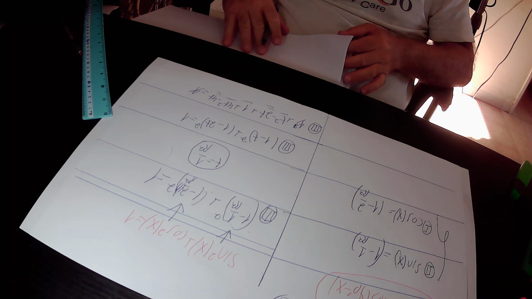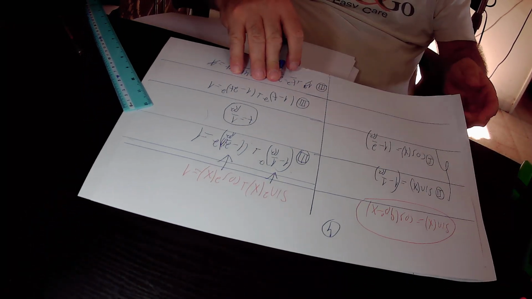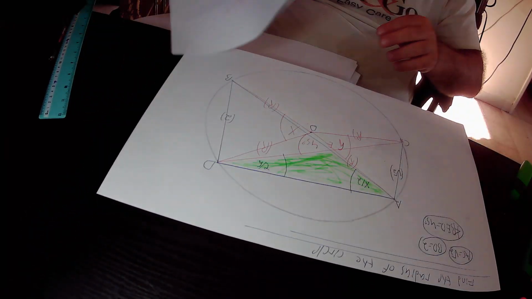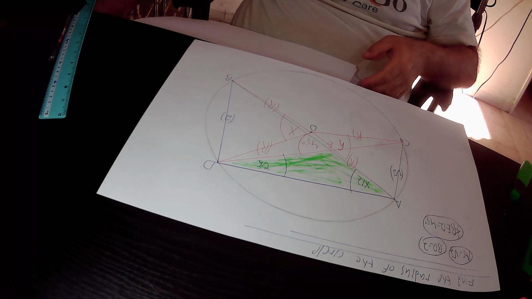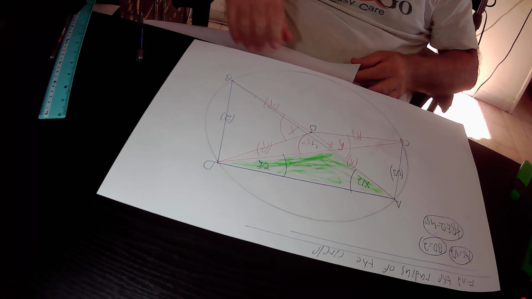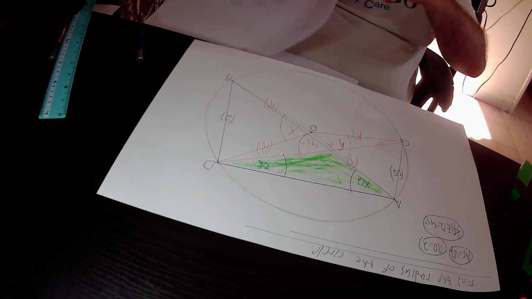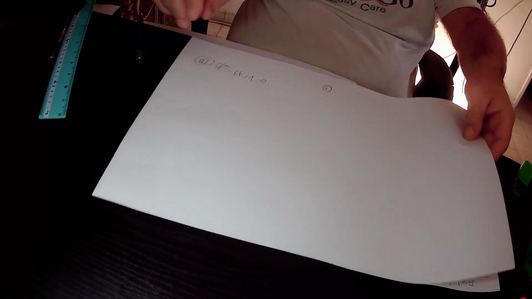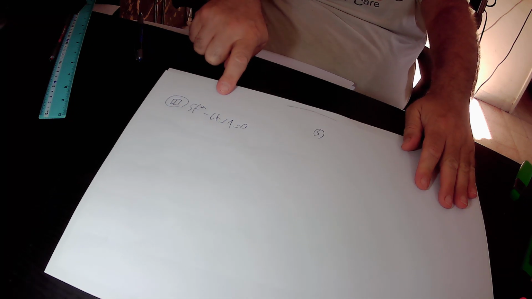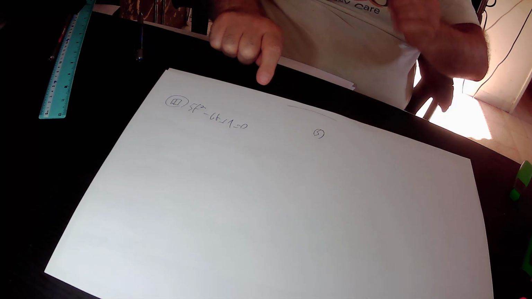So to repeat again, we actually found out that 5t squared minus 6t plus 1 equals to 0.